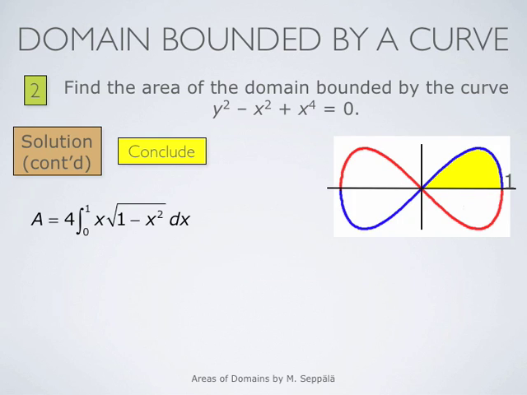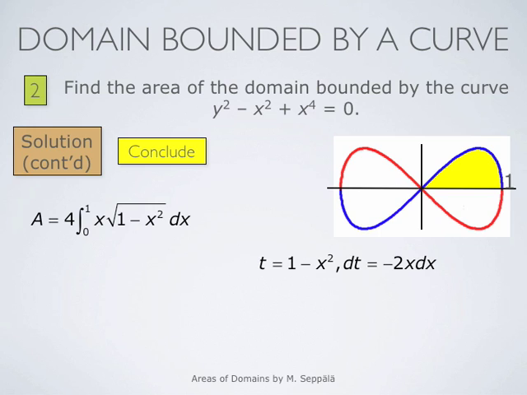So we simply conclude that the area of the domain that we have to compute is 4 times integral from 0 to 1 x times square root 1 minus x squared dx. We substitute t equals 1 minus x squared to this integral. When we do that, then dt equals -2 times x dx, that is x dx equals minus dt divided by 2.